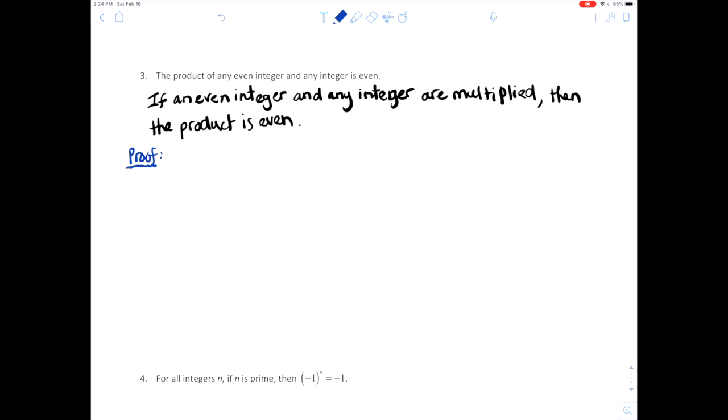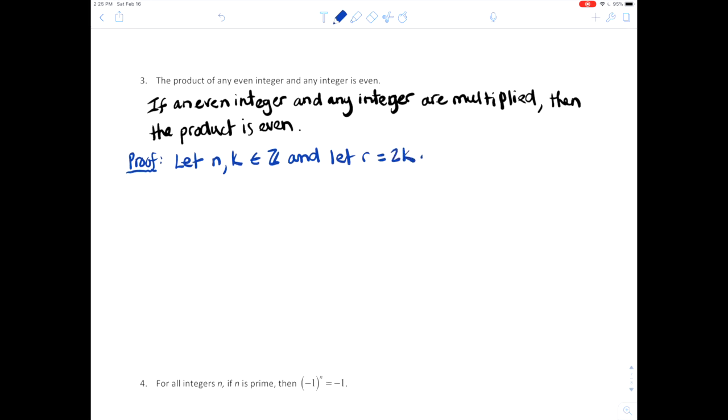So let n and k belong to the integers and let r equal to what? 2k. So we know r is even by definition, right?